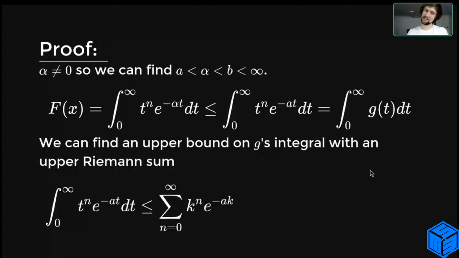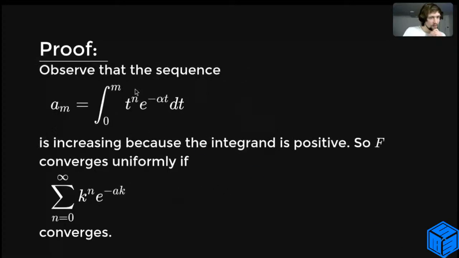Then, crazy part, this is going to be a lot of technology to get through, a lot of stuff to get through. We can find an upper bound on g's integral with the upper Riemann sums. And so this will converge, hopefully, as I will show. I have a sequence of functions.